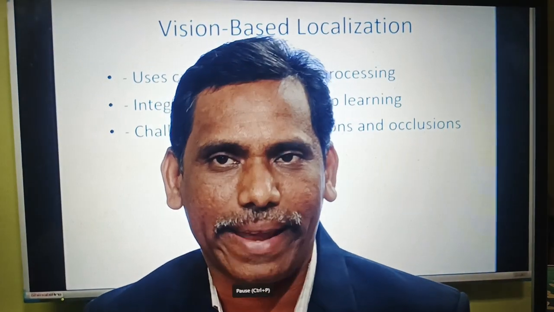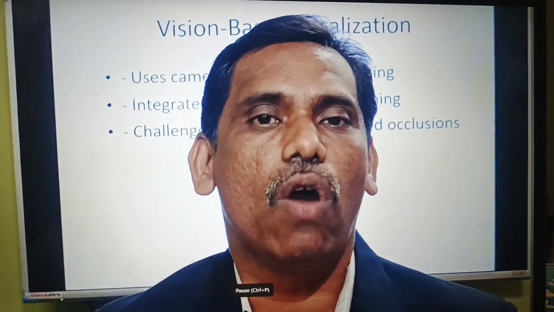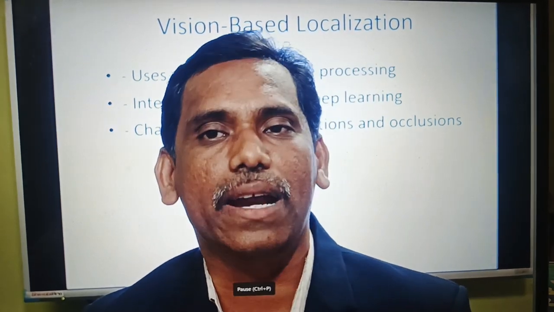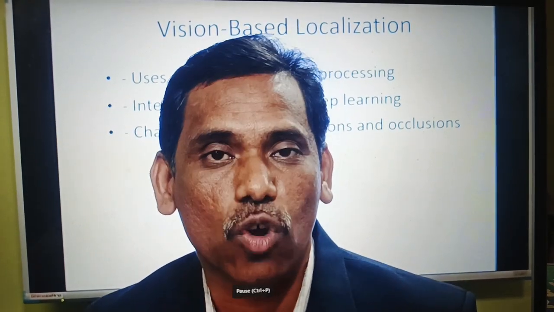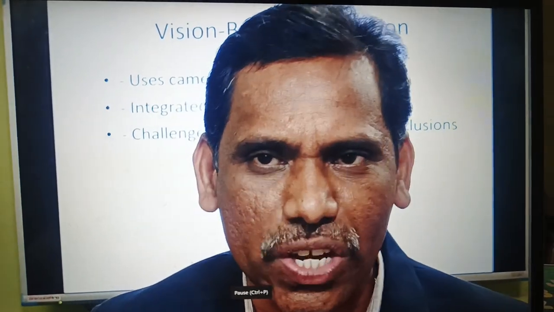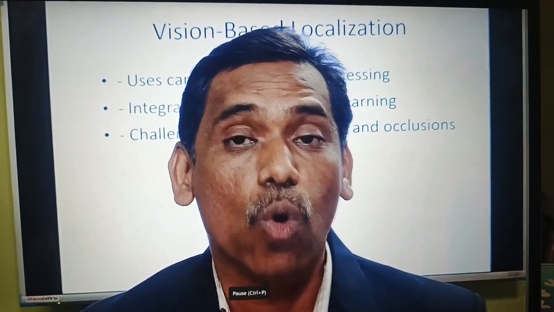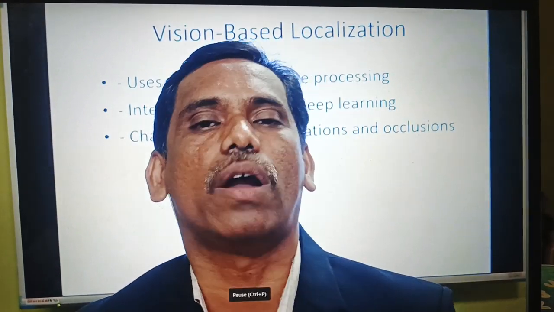Industrial robotics is used in warehouses and factories for object recognition and navigation. Vision-based localization is a powerful technique for accurate positioning and navigation, but it requires high computational power and suitable environmental conditions for the best results.